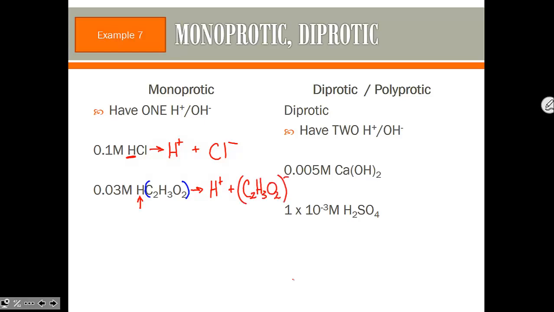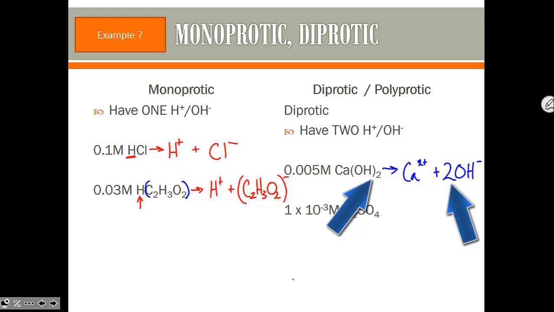Polyprotic acids and polyprotic bases are different in the fact that they can donate more than one hydrogen or hydroxide. So for example, calcium hydroxide can donate 2 hydroxides when it dissociates, and therefore it would double the concentration of hydroxide in solution, greatly changing the pH and the pOH.